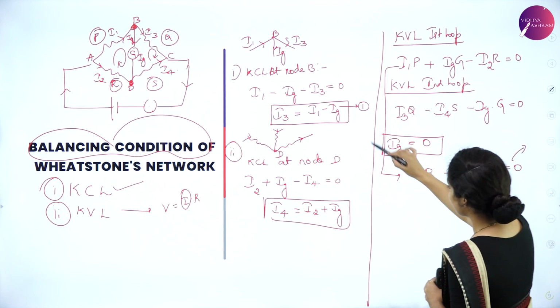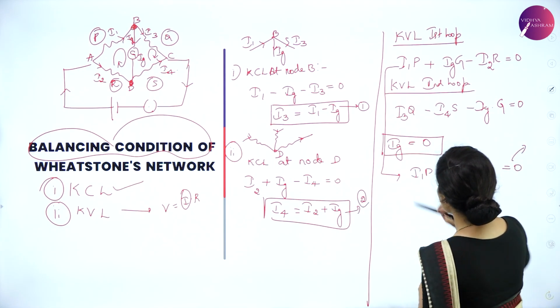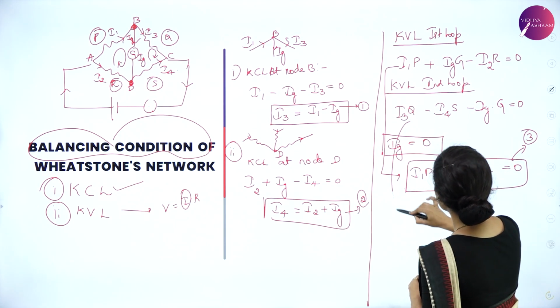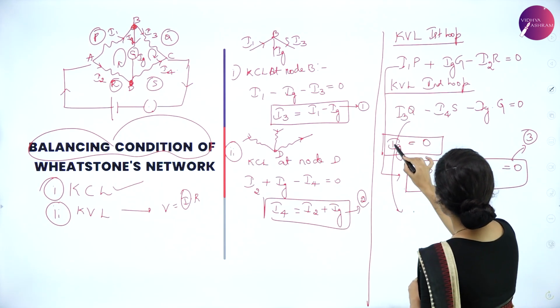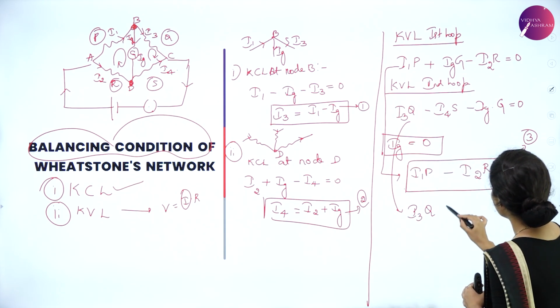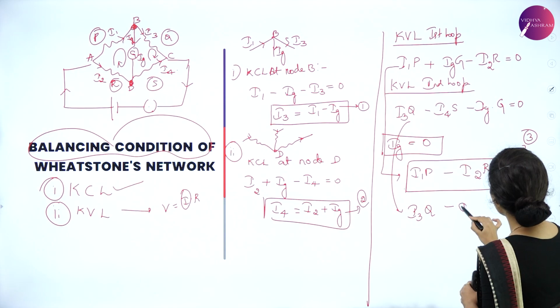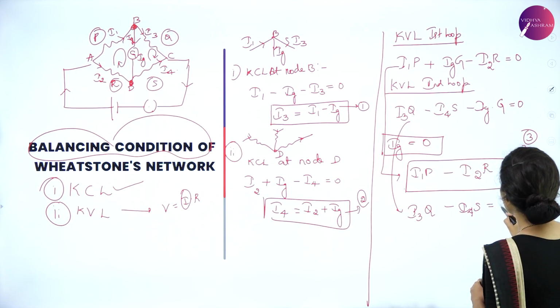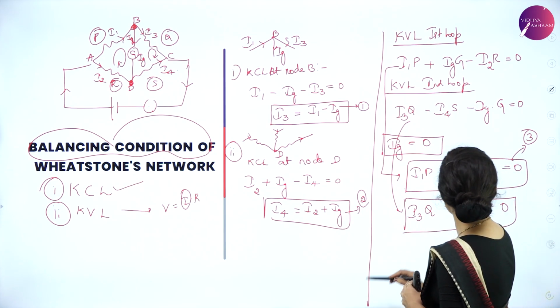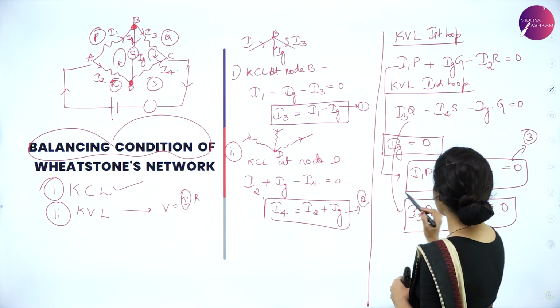If this is equation 1 and this is equation 2, let this be equation 3. Next, considering this equation, again when balancing condition is 0, I3Q minus I4S is equal to 0. This is also fine.